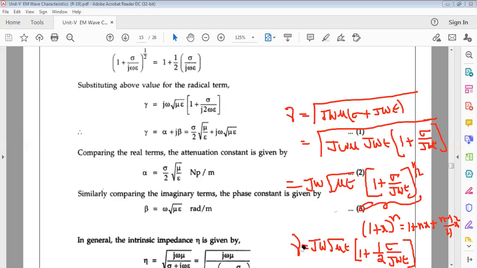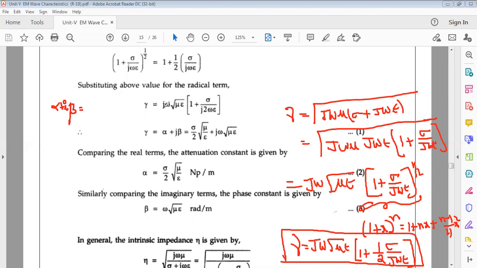So gamma is equal to j omega under root of mu epsilon whole multiplied with 1 plus sigma by j into 2 omega epsilon, where gamma is alpha plus j beta.